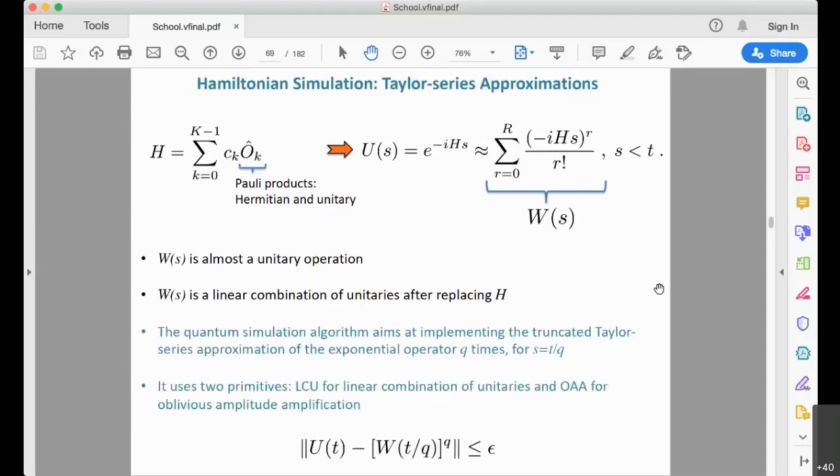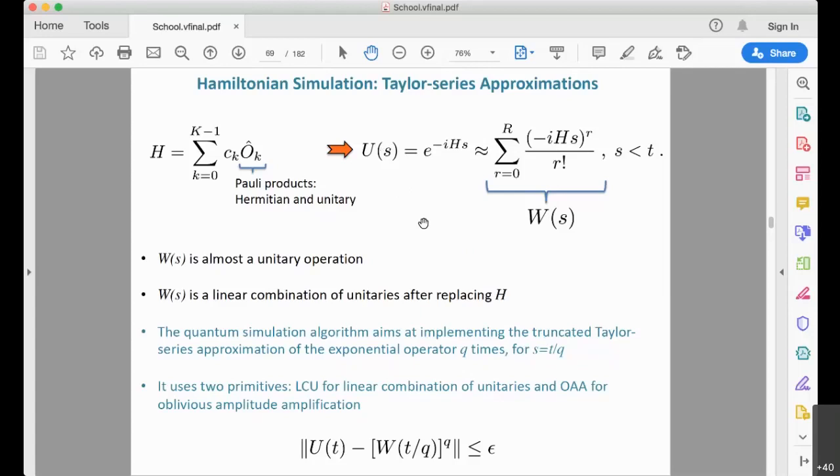As before, for some technical issues, I will have to split the evolution time into Q segments. And so S is going to be small, but not too small. Then I'm going to approximate the evolution operator for small time S with this linear combination of unitaries primitive, Q times.